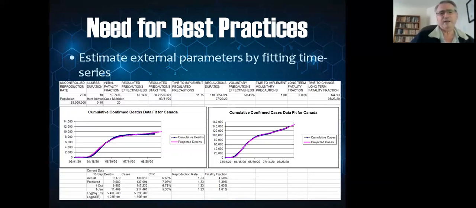So here's some data on COVID in Canada, and it shows the data on the blue line and the model on the purple line. And at the bottom of the graph, I show the logarithm of the sum of squared error for cases and deaths. And I try to minimize that, and I minimize it by varying the parameters shown in the top rows of this spreadsheet.